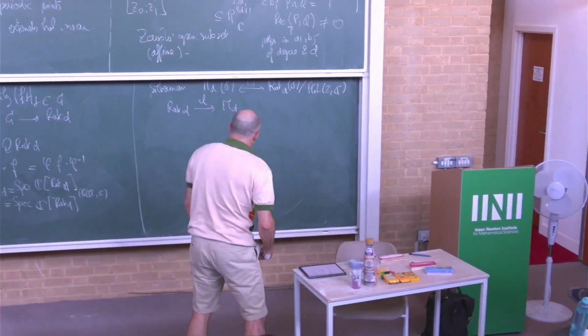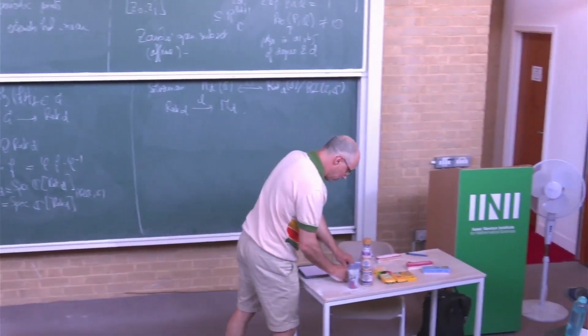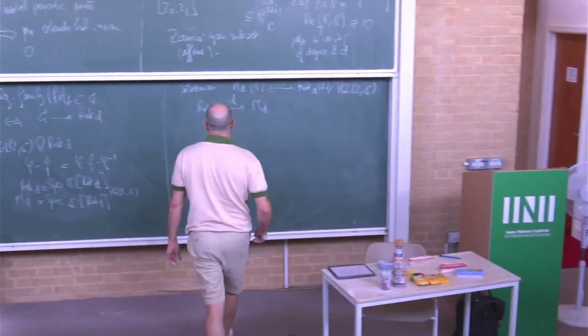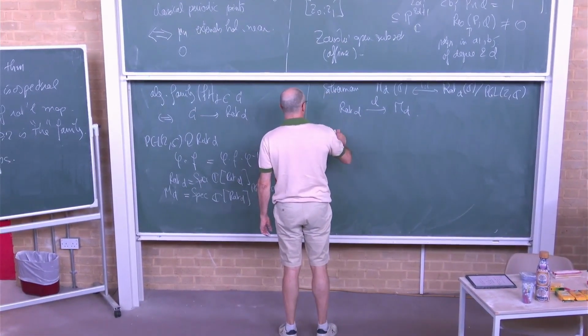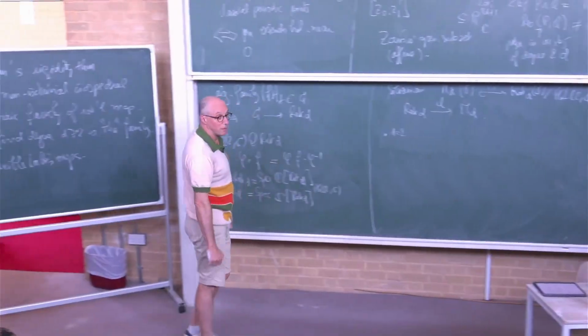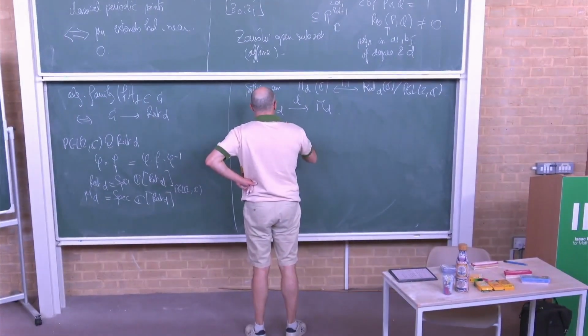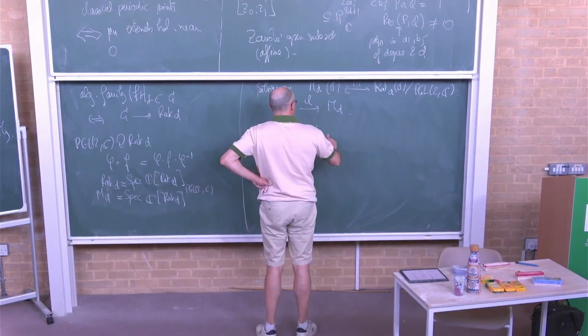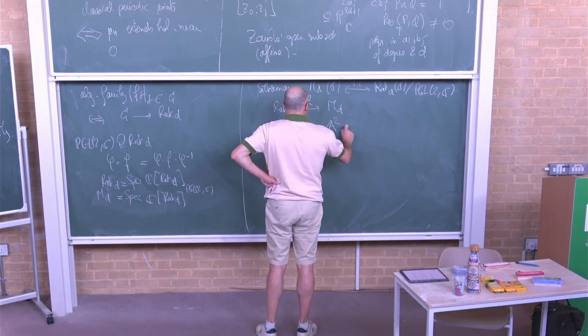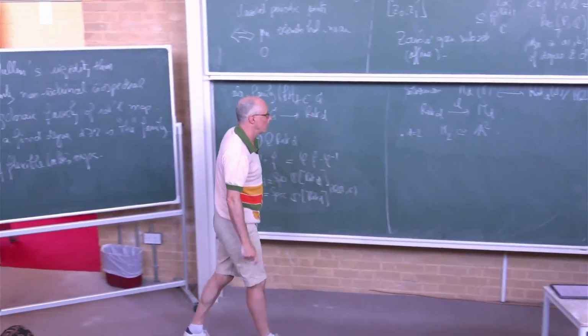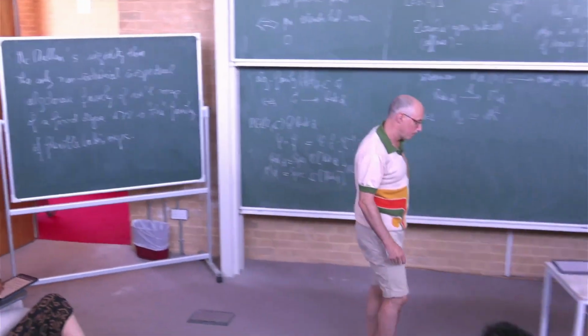Okay, so I know a lot of you know a lot of things about this, but let me just recall what it is. The geometry of M_D is quite interesting. When D is equal to 2, M_2 is known to be isomorphic to the affine plane. This is a theorem due to Milnor and Silverman.